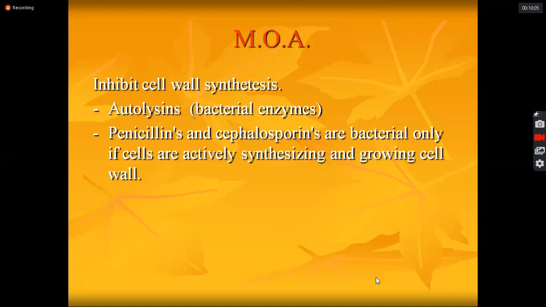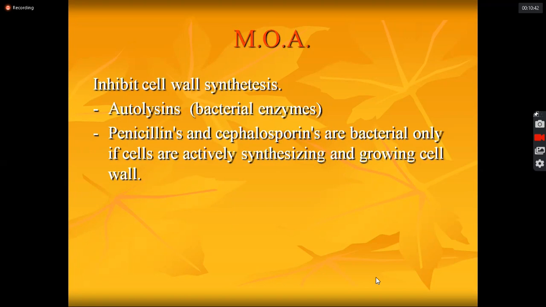So all these agents, the penicillins and the others grouped together as cell wall synthesis inhibitors, inhibit cell wall synthesis by inhibiting the enzyme transpeptidase, which is responsible for the cross-link of the peptidoglycan. So this is the mode of action of penicillin and all the other beta-lactam antibiotics: they inhibit the cell wall synthesis of the bacteria by inhibiting an important reaction, the cross-link of the peptidoglycan, which is catalyzed by the transpeptidase.